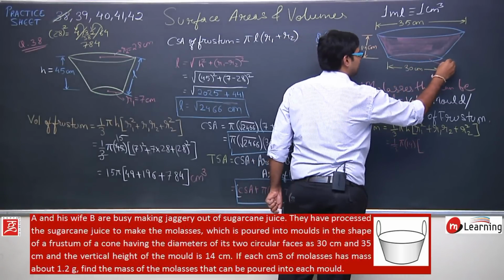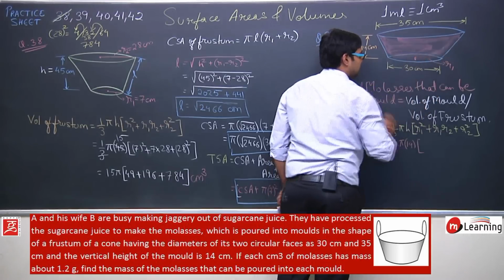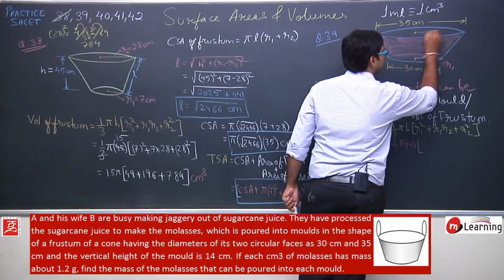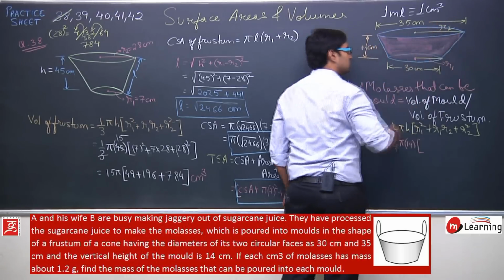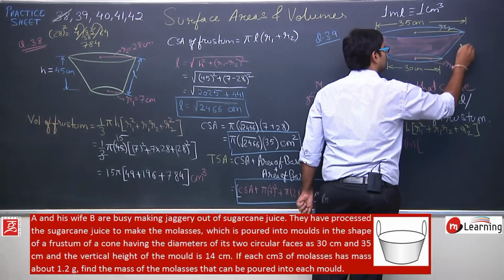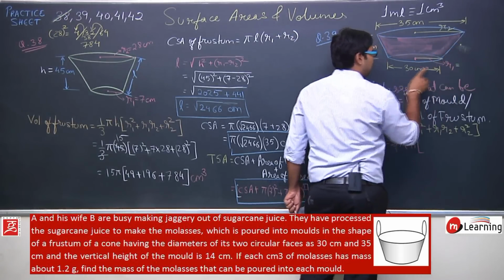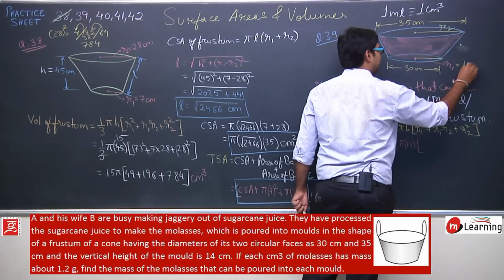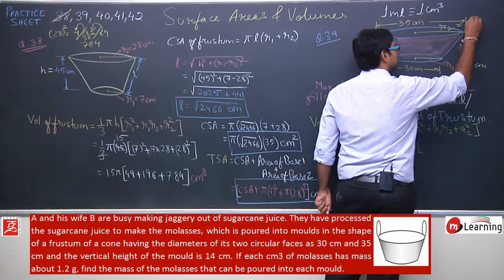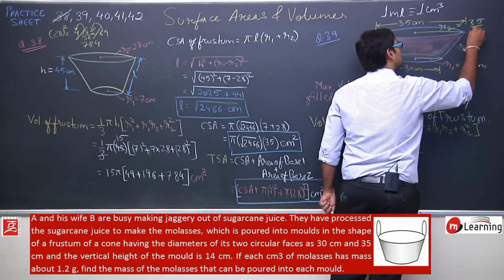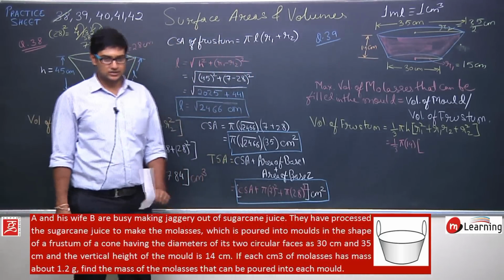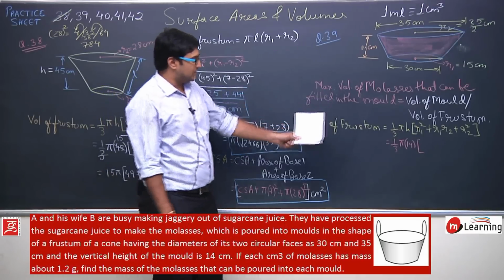Let us say this is base 1, so the radius of this base is r1, and the radius of this base is r2. The value of r1 is half of 30, that is 15 centimeters, and the value of r2 is half of 35, so I will write it as 35 by 2 centimeters, instead of 17.5 centimeters.